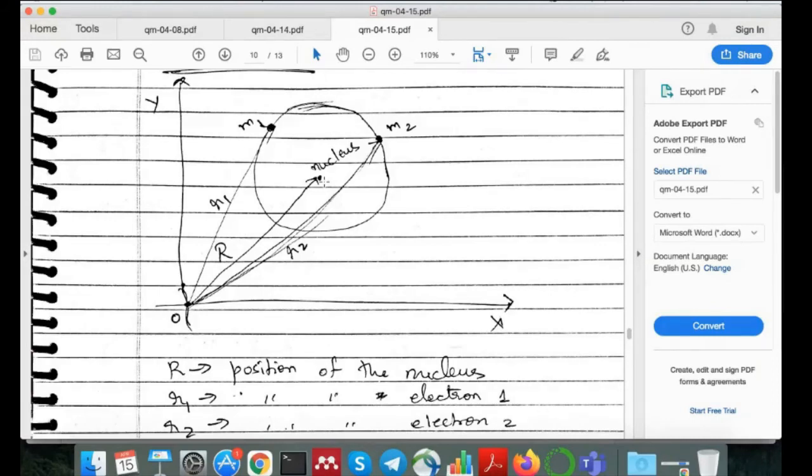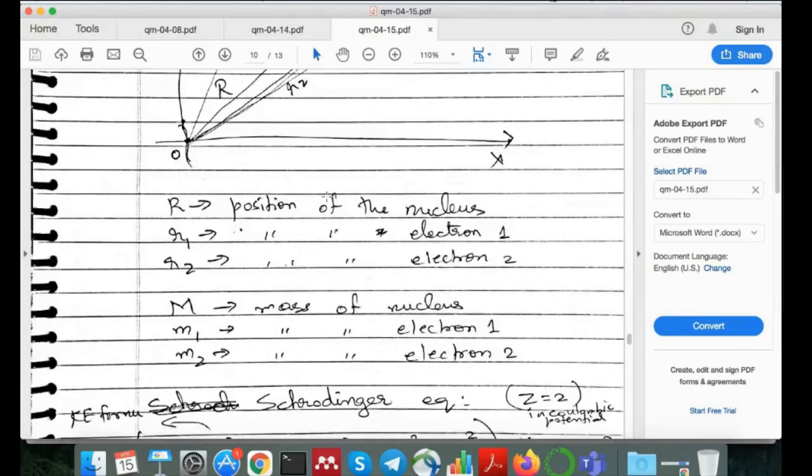Electron is even lighter, so it is more delocalized, but the nucleus is more localized. So we consider that the nucleus is at the origin, whereas the electrons are moving about the nucleus. They are moving rapidly, so we only consider the motion of electrons and not the motion of the nucleus. This is an approximation, but it is a valid enough approximation because compared to the electron, the nucleus is not moving much, right? So that is a valid approximation.